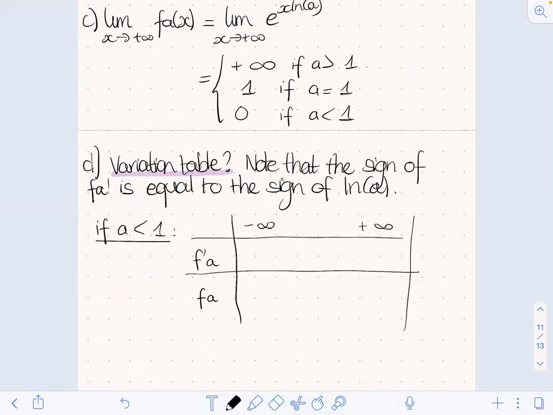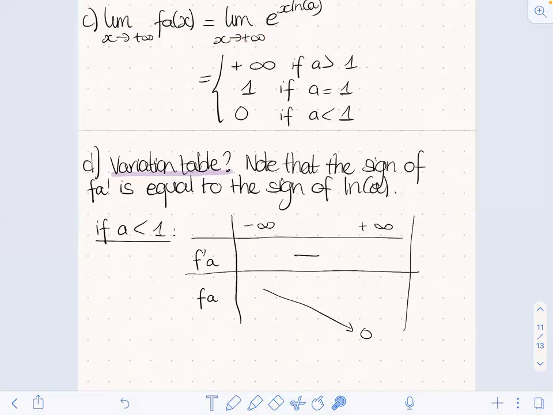So what happens to the sign of FA prime when a is smaller than 1? It's negative. Yeah, absolutely, it's negative. And so we deduce that the function is decreasing. So it goes to 0 when x goes to infinity, as is written above here.